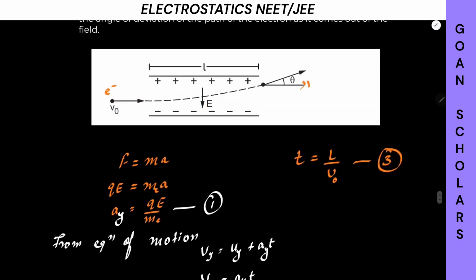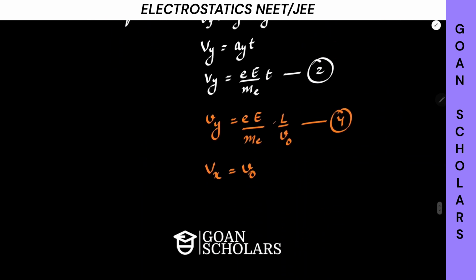Theta is nothing but from Vx and Vy. So tan theta will be the ratio of both, that we know from projectile motion also, last year in 11th standard. So tan theta is nothing but Vy upon Vx, correct? The ratio of velocity along the y-axis and x-axis.